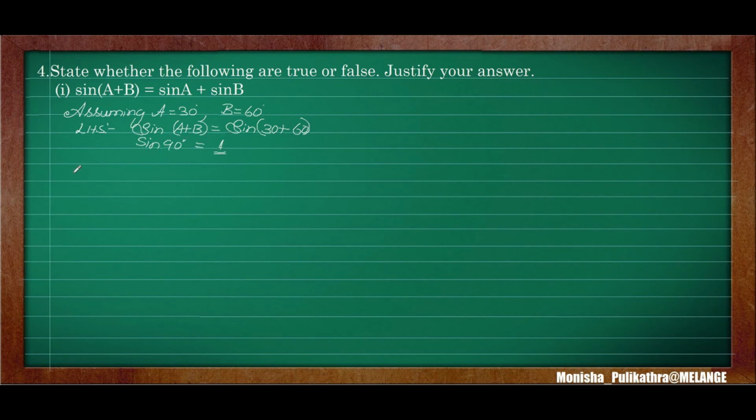Next, moving on to RHS. So RHS is sin A plus sin B. That is sin 30 plus sin 60. So sin 30 is 1 by 2 and sin 60 is root 3 by 2.